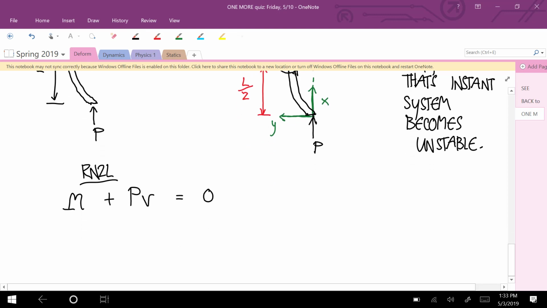is we're going to go back to that idea of Euler-Bernoulli beams that we used for calculating the deflection.